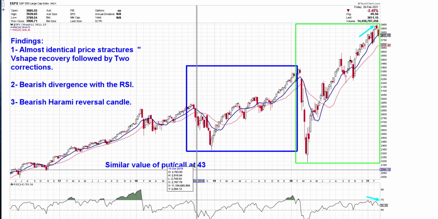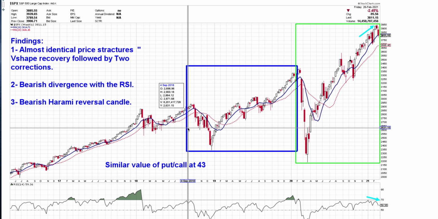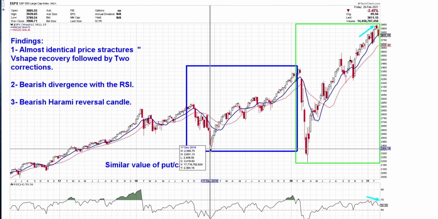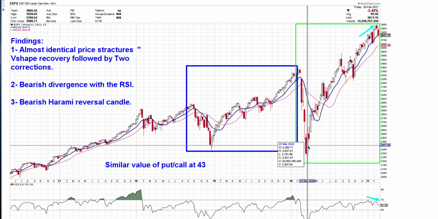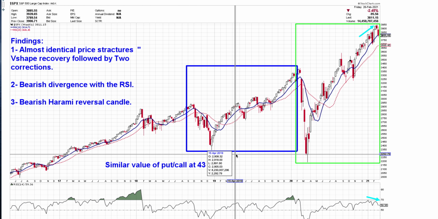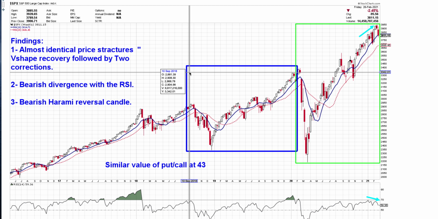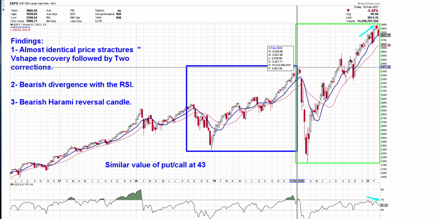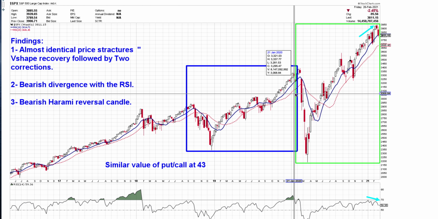The price structure of this time that started in late 2018 gave us this V-shaped recovery till the beginning of 2020 resulted in this flush. So V-shape, flush. Now we have V-shape. We don't have the flush yet. So it's almost an identical price structure from 2018 to 2020. And now we have the same.